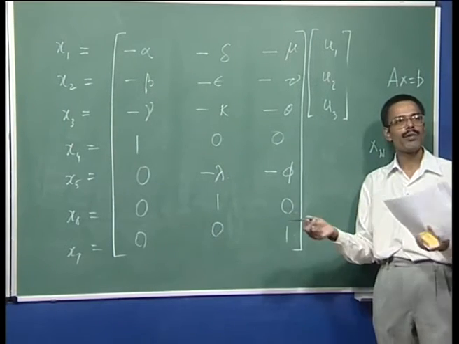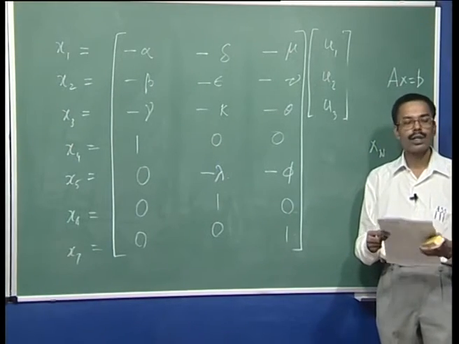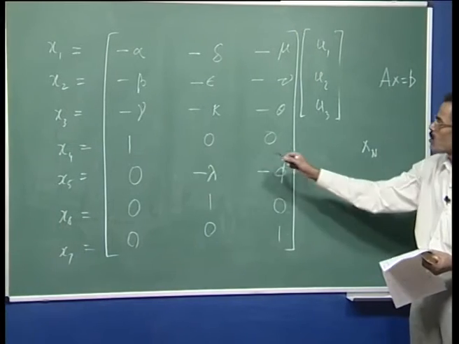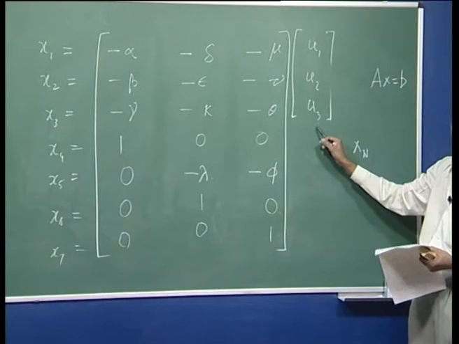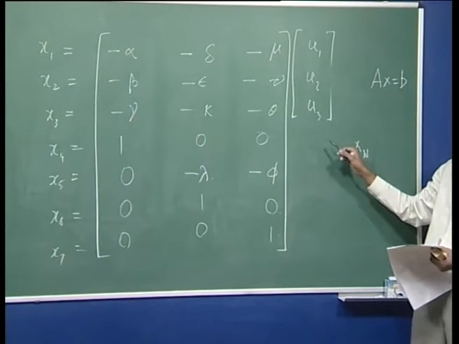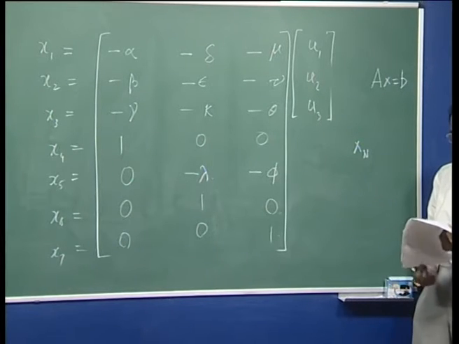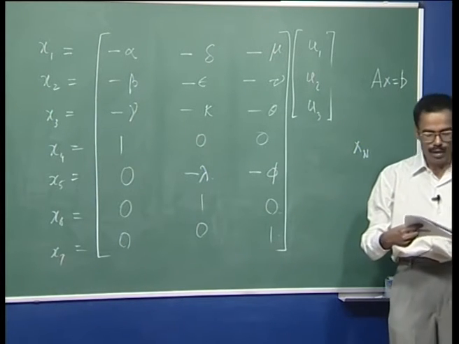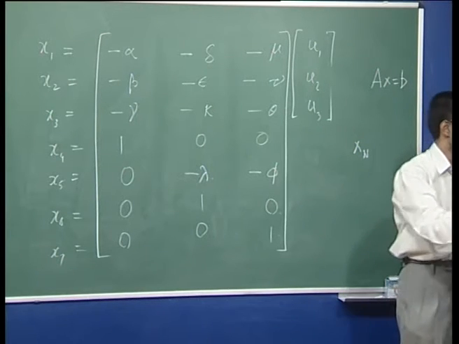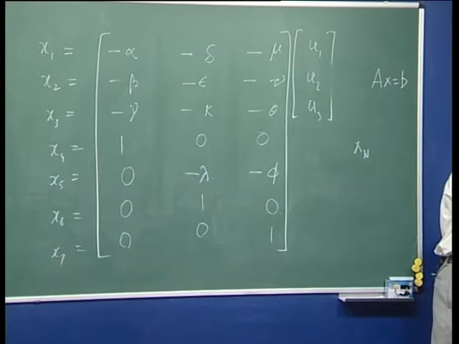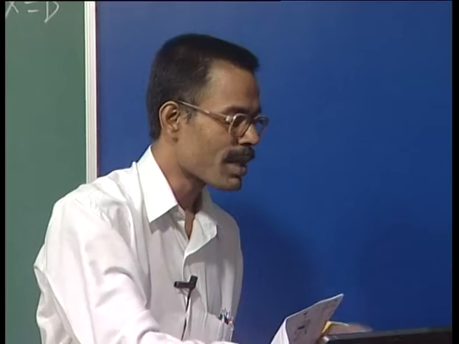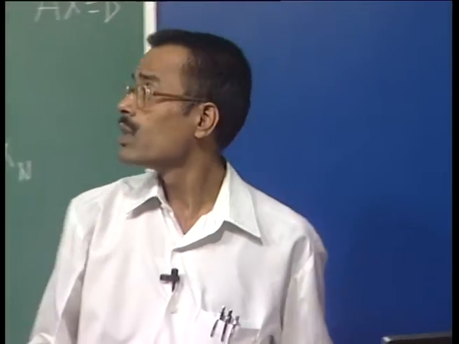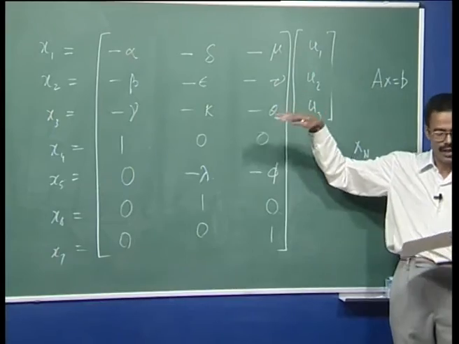So, they together form a basis for the null space. Any linear combination of these 3 through these coefficients, arbitrary values, will give us a null space member. So, this is how we solve homogeneous systems of linear equations by reducing them to the row reduced echelon form.